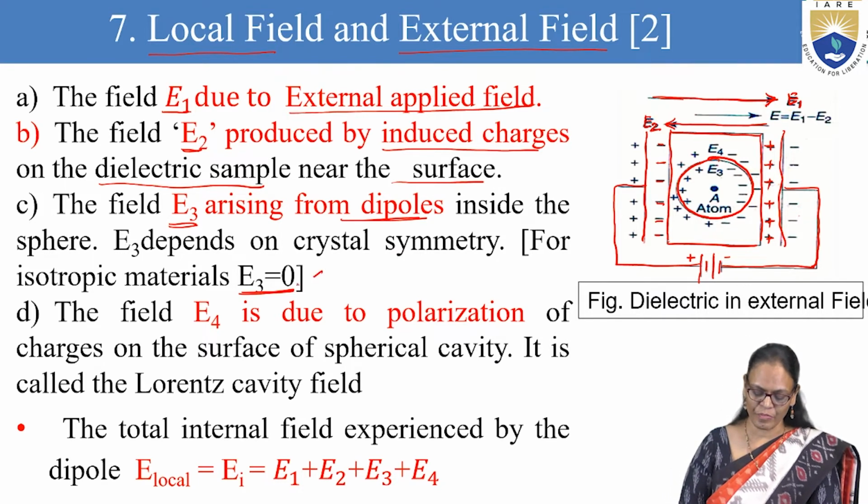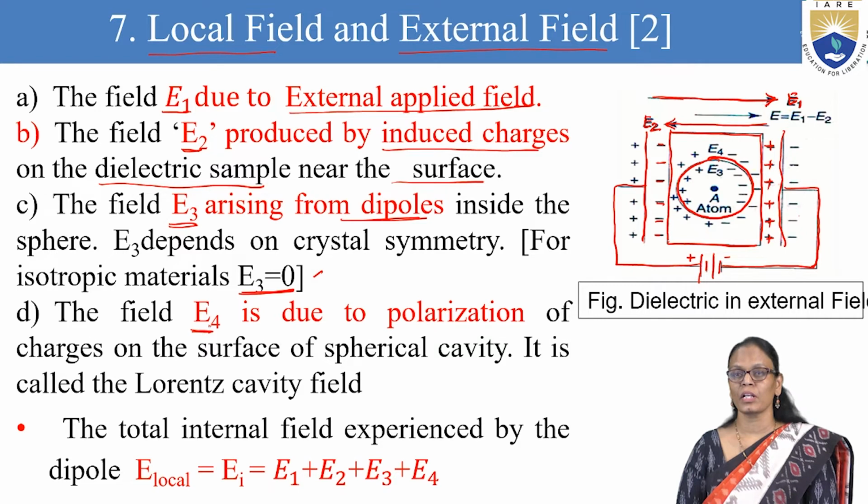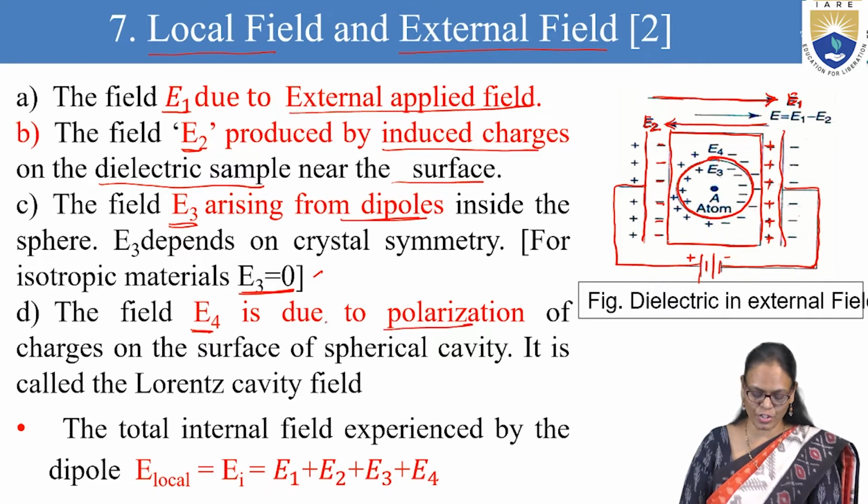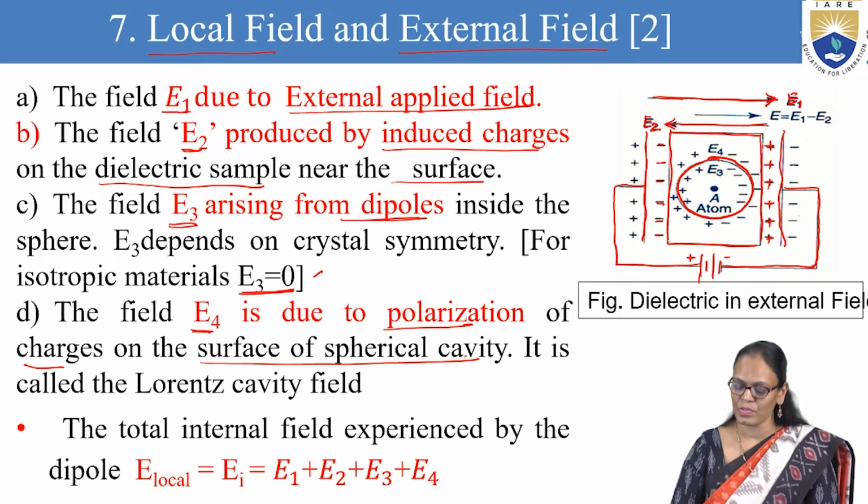And then we have E4. E4 is due to the polarization of charges on the surface of the spherical cavity. So this is the spherical cavity, and these are the charges induced on its surface, positive here and negative here.